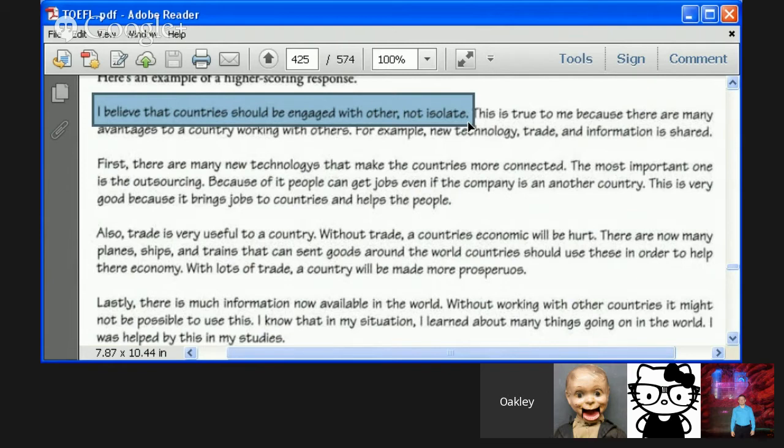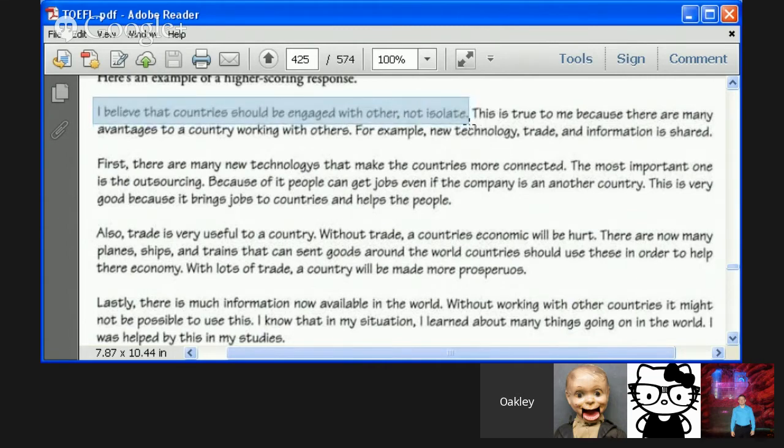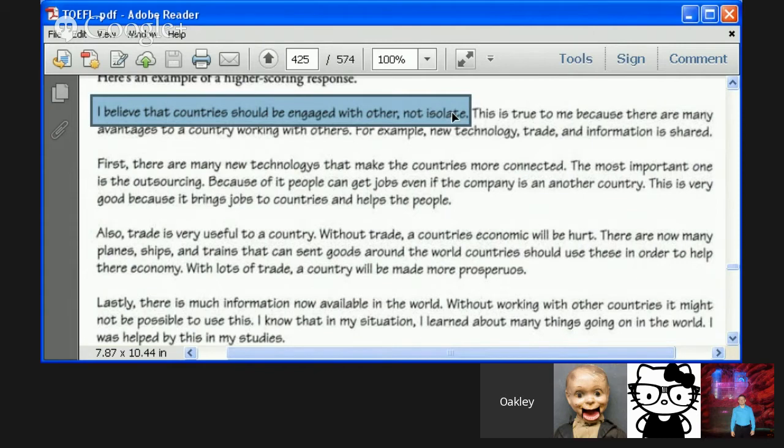Something like, some people think that countries should remain engaged economically, socially, and politically with other countries. Others do not. That's the problem. Save your opinion until the end of the first paragraph. I would recommend that strategy. That's another problem. They're giving their opinion in the first sentence. Okay, but not as good as it could be.